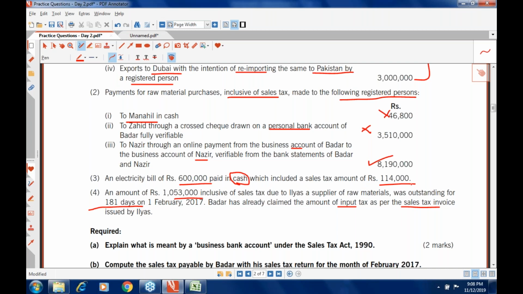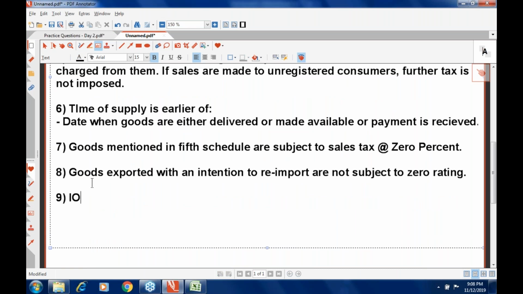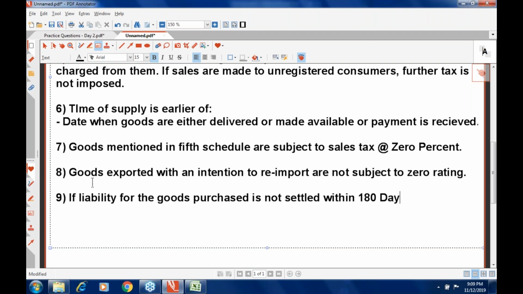Now, you need to understand that there is actually a concept: if the liability for the goods purchased is not settled within 180 days, then the input tax on such purchases shall be disallowed.